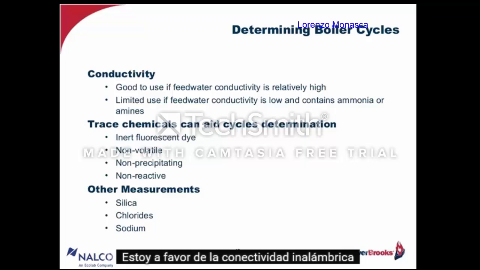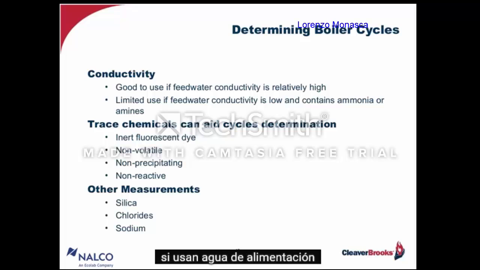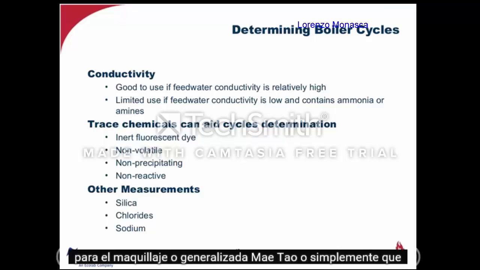For some waters, conductivity is an excellent tool. That's probably the most commonly used. And it's certainly, when we try and automate blowdown, that's exactly what we go to, is conductivity. But then there are those systems out there, if they use feed water that has reverse osmosis for makeup or demineralized makeup, or just a very, very high percent condensate return, we may not have much feed water conductivity.